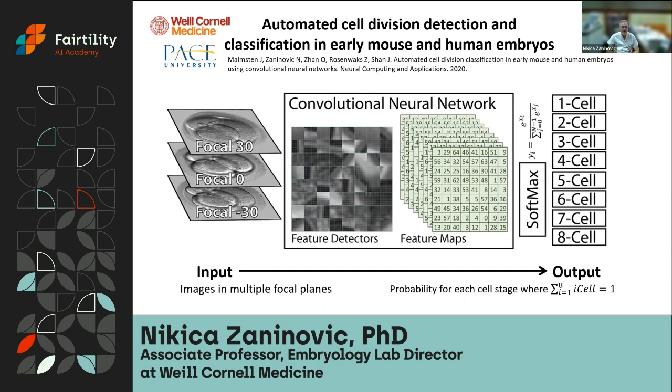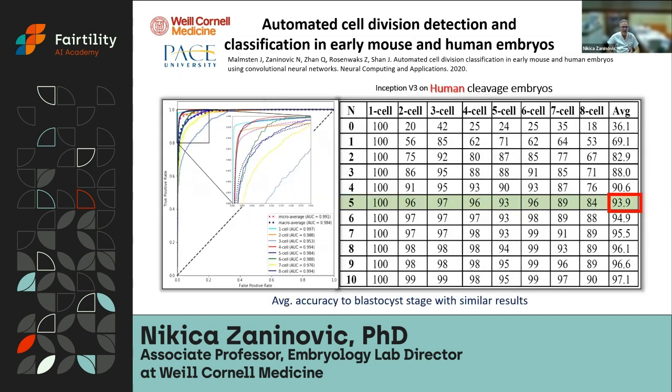So actually, a couple of years ago, we created an AI algorithm that uses images from the time-lapse and artificial neural networks to figure out how many cells each of these embryos has. And by using that, we were able to achieve over 93 to 95% efficiency, which means the computer can tell us how many cells each of the video images will have. So we don't have to do it ourselves.